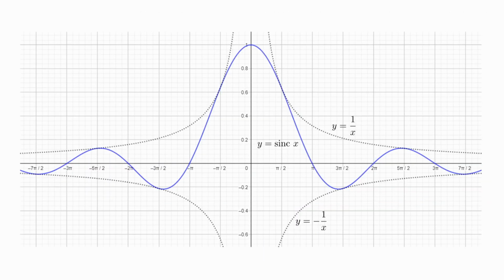And finally, here for comparison are the computer-generated graphs of y equals sinc x, y equals 1 over x, and y equals minus 1 over x over the requested range.